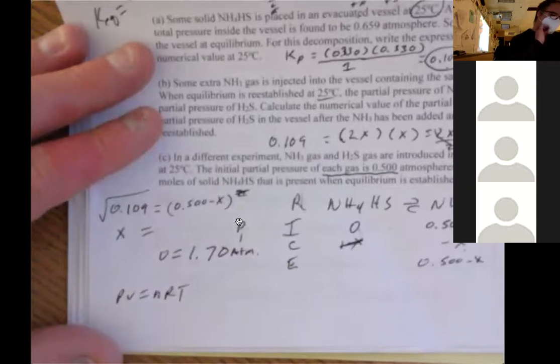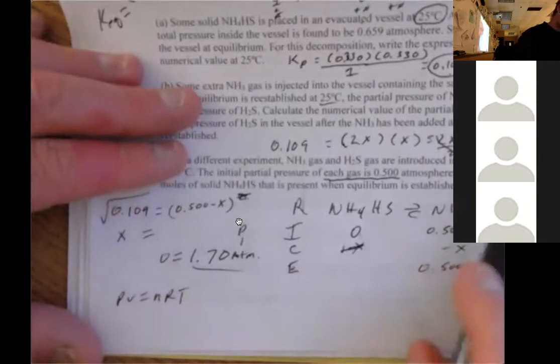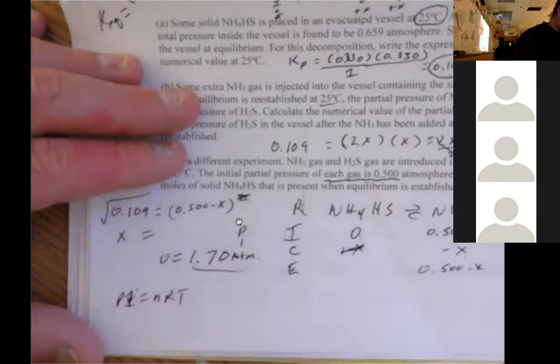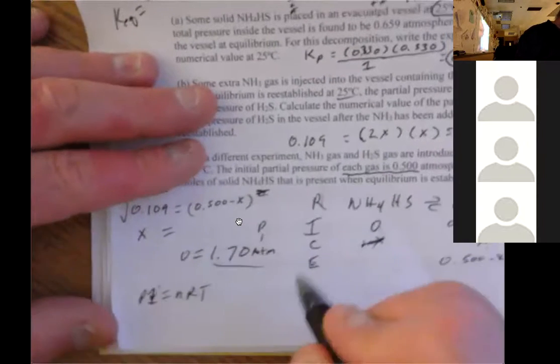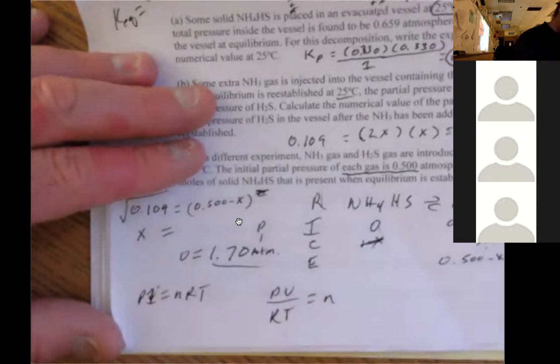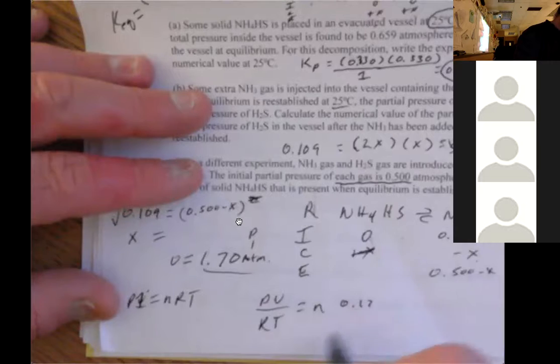So we have the pressure of the gas is this. We have the volume of the container is 1. We want to find the moles here. So I'm just going to rearrange this: PV over RT equals n, where the pressure is 0.170.